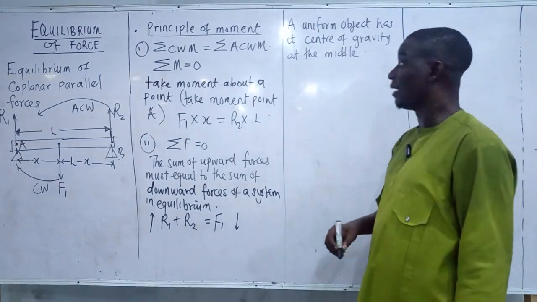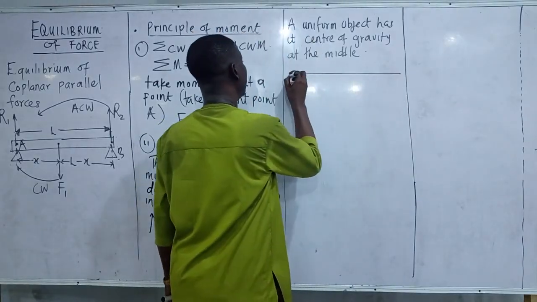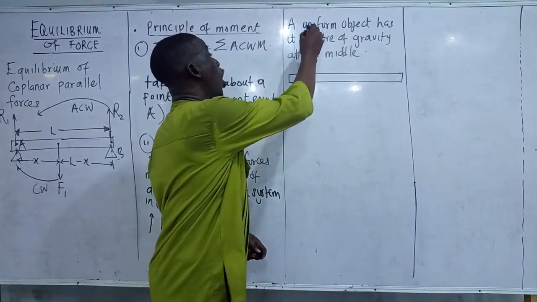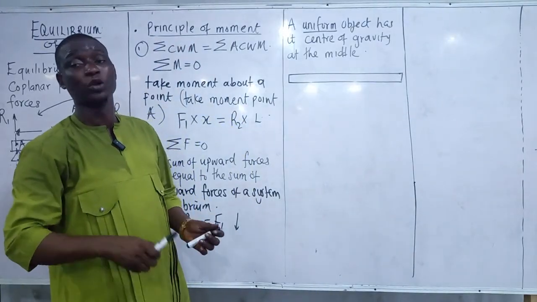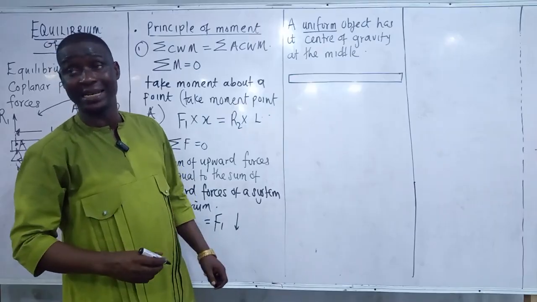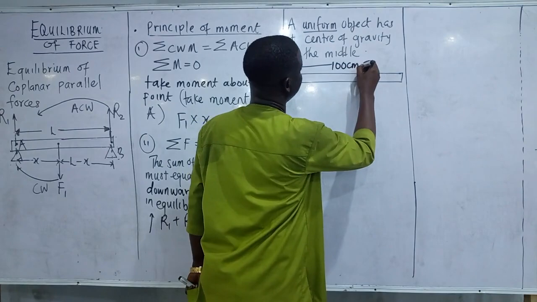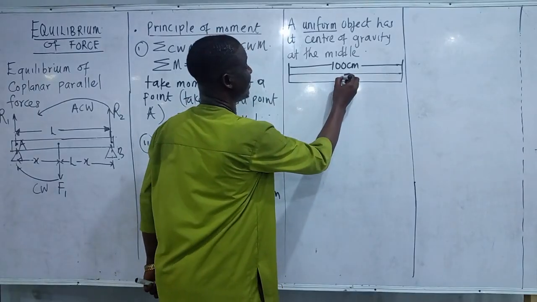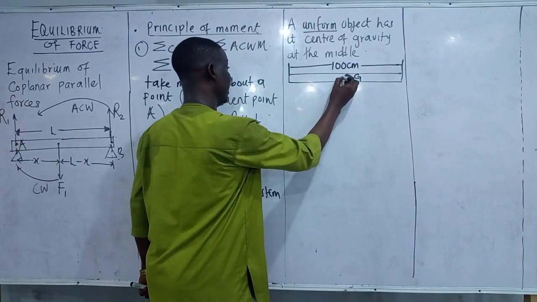How do you know? For example, if I give you a uniform meter rule, once they use the word uniform, that means the meter rule is 100 centimeter; they don't need to tell you. So the center of gravity will be at the center.